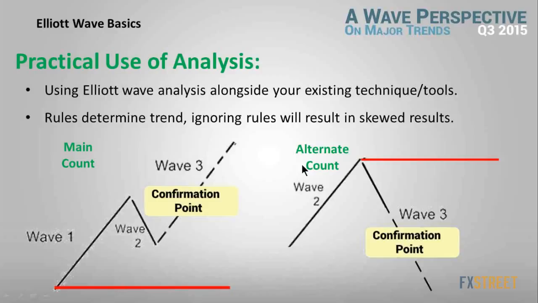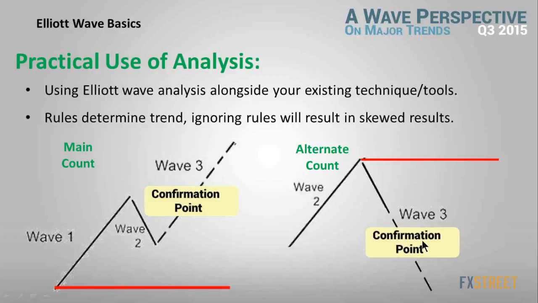Therefore, having an alternate count is a powerful technique to help us understand what the market is doing in case it unfolds against us. For both counts, we use a confirmation point. So at the time of publishing the analysis, both counts are valid, but once the confirmation point is reached, the main count's probabilities increase, and so does our confidence in that count, and therefore we trade according to that count.